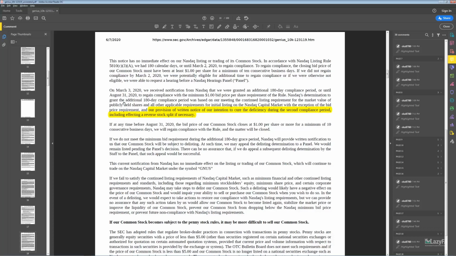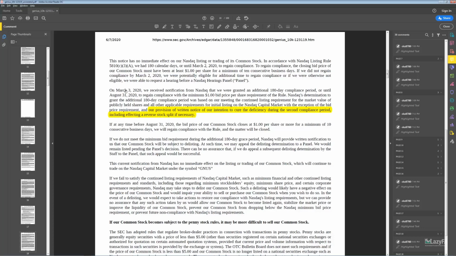So basically, they had to get their stock price above $1 a share for more than 10 days in a row by August 31st, 2020. But the key thing here is that they said, including effecting a reverse stock split if necessary.